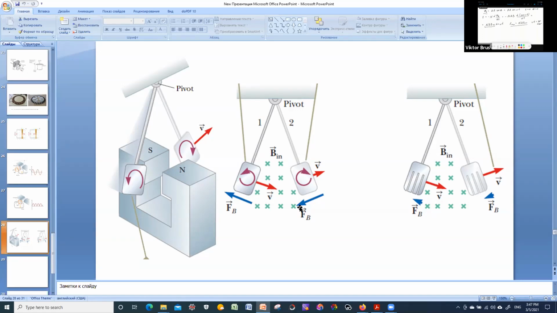And in order to fight with this, the easiest approach is to divide some continuous pieces of metal plates into small parts which are isolated from each other.